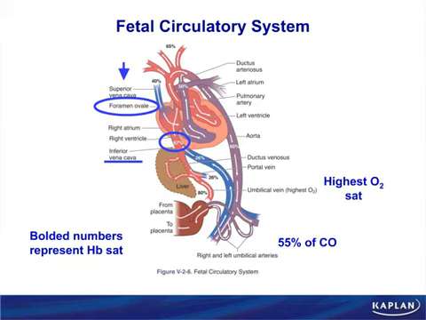Now, the lungs are collapsed, so the pulmonary vasculature has a very high resistance. Therefore, most of this blood gets diverted from the pulmonary artery into the aorta via the ductus arteriosus. So now this blood's going to mix in with our other blood, and by the time we get around to the aorta, go into the tissues, you're only about 60% saturated.